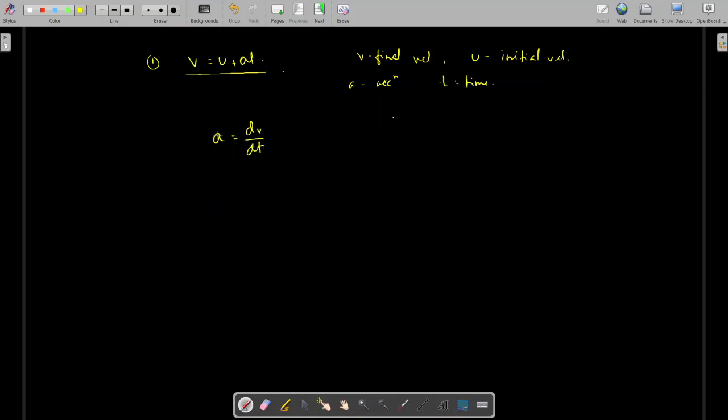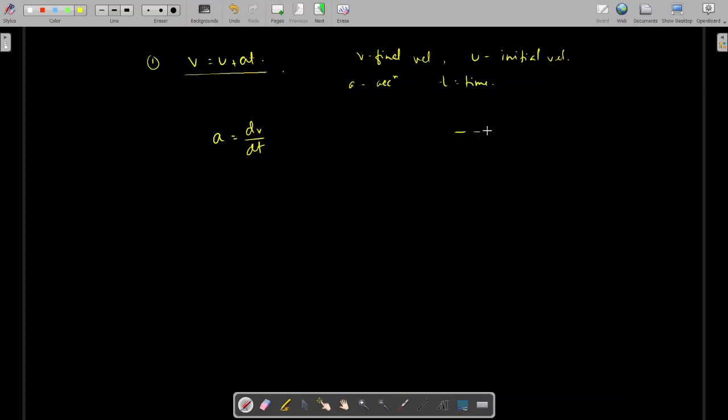We learned in the last class that acceleration is the derivative of velocity with respect to time. Velocity is changing with respect to time, so any instantaneous acceleration is the derivative of velocity with respect to time.